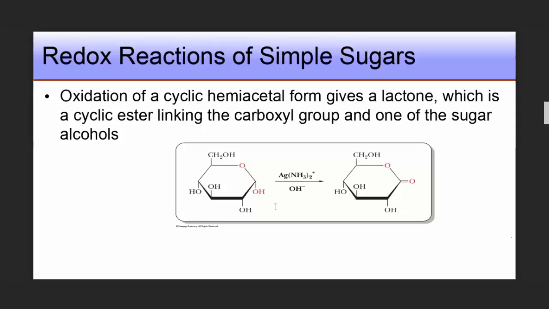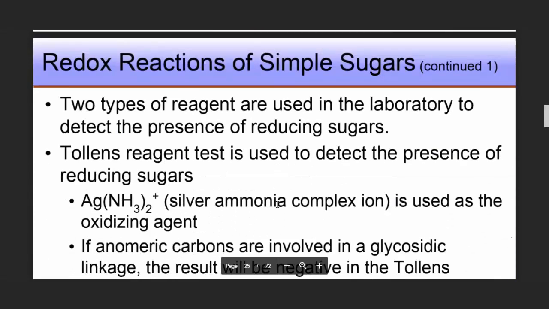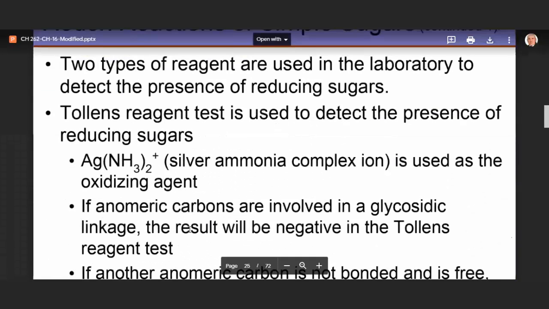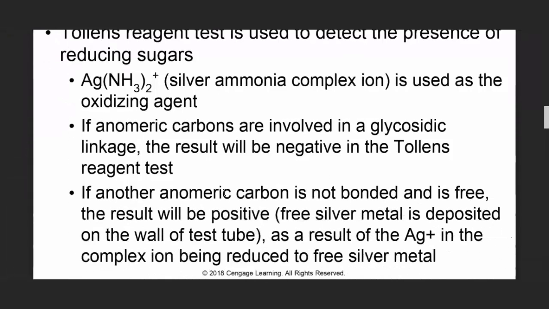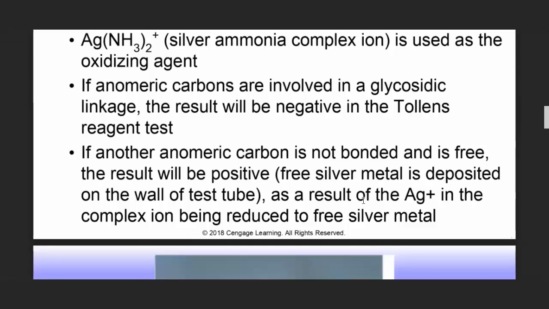A silver mirror is produced, as we will see. If anomeric carbons are involved in a glycosidic linkage, the result will be negative in the Tollens reagent test. If another anomeric carbon is not bonded and it's free, the result will be positive.